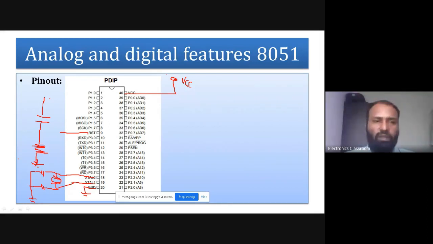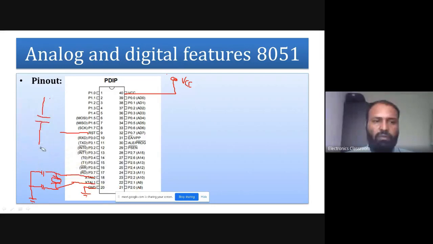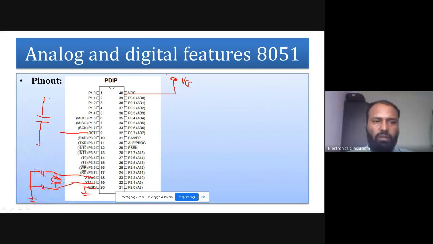Don't get confused, I am drawing the resistor symbol and connecting this resistor to ground. This capacitor is going to be a 10 microfarad capacitor, and a 10k resistor.